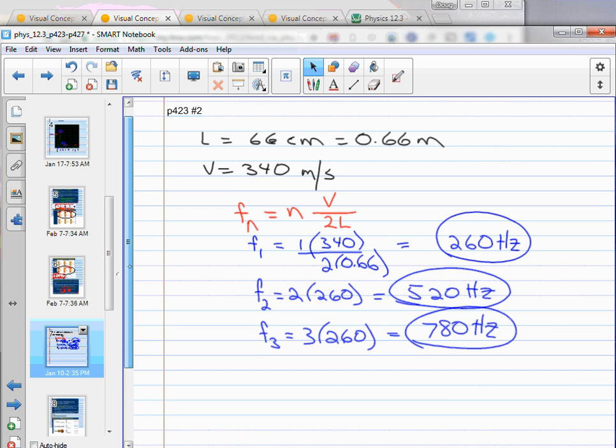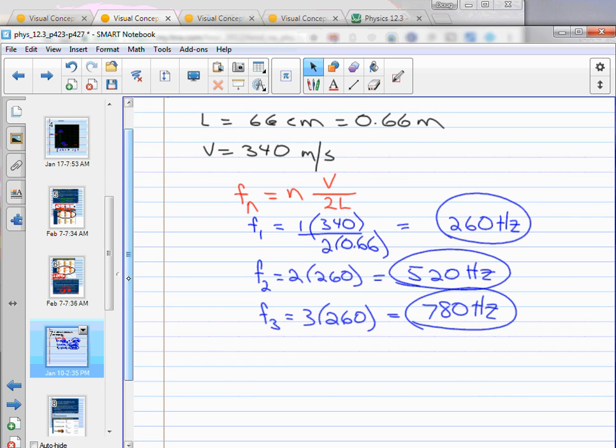So the type of instrument that we have determines the formula that we are going to use, and in this case, it's v over 2L. So if I want to know what is the fundamental frequency, velocity 340 of the sound on that instrument divided by 2 times the length, 0.66, rounded to 2 significant figures, we have 260 hertz.